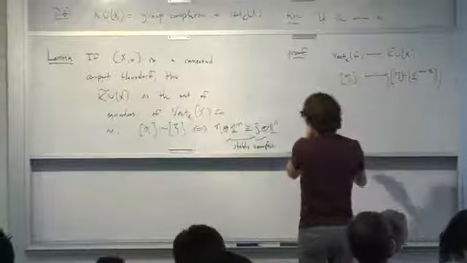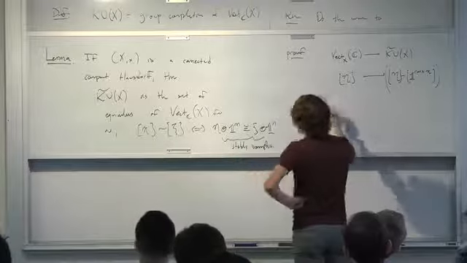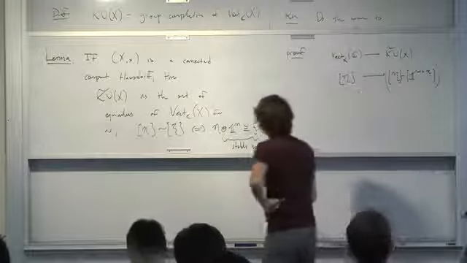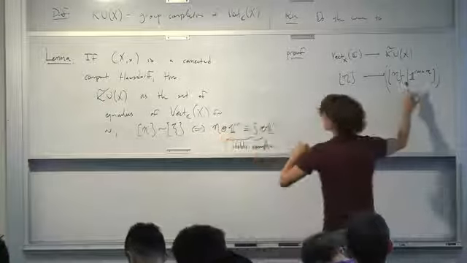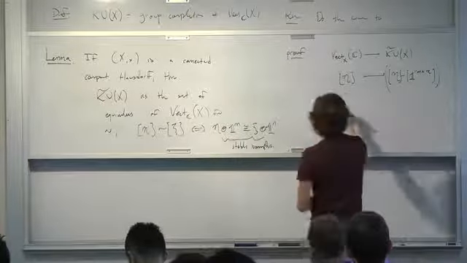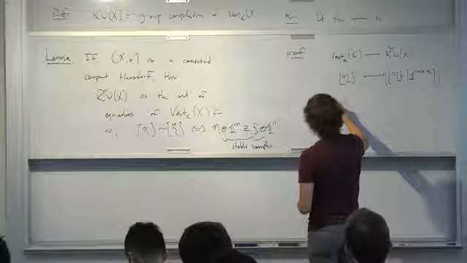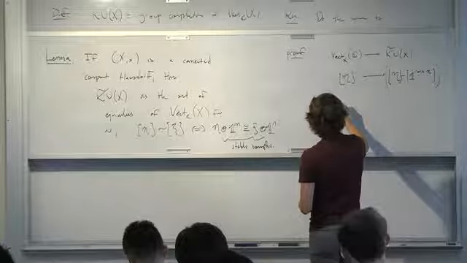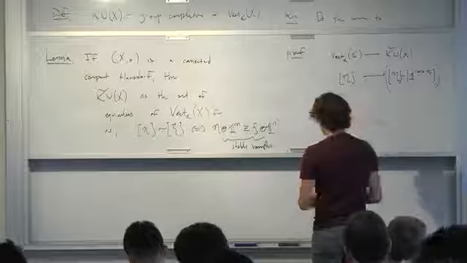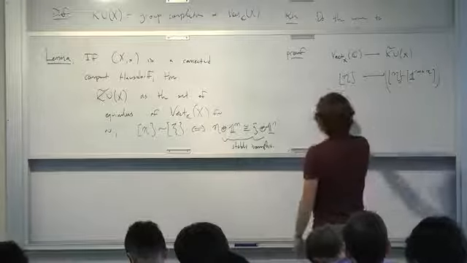So what I need to show is that if these are the same, then the classes that they go to are the same. Okay, so now I'm going to have eta. Let's see, what do I want to say?